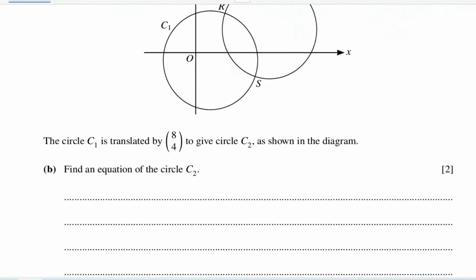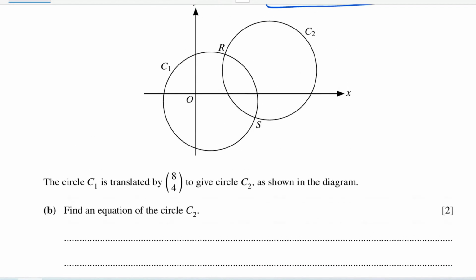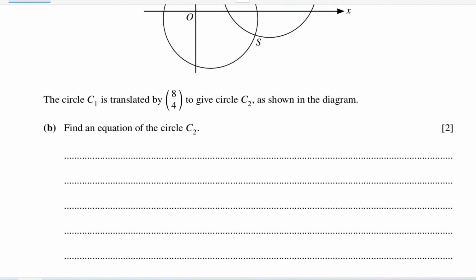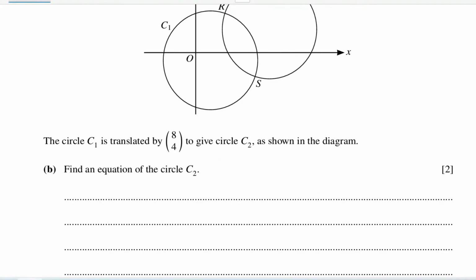The next part of the question is: the circle C1 is translated by (8, 4) to give circle C2, as shown in the diagram. Find an equation of the circle C2. So the center of circle C1 is (2, -1).